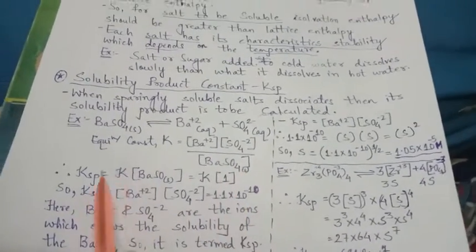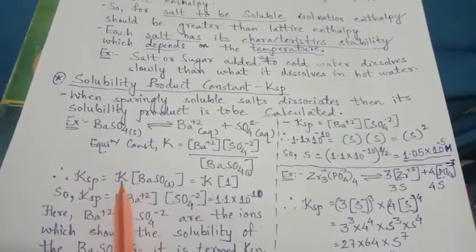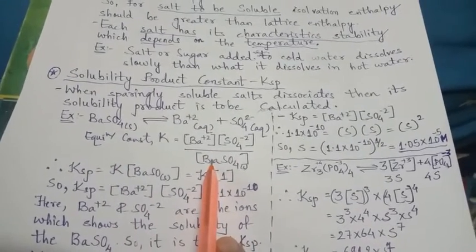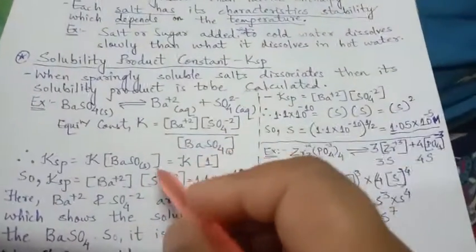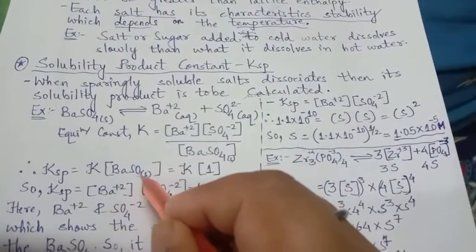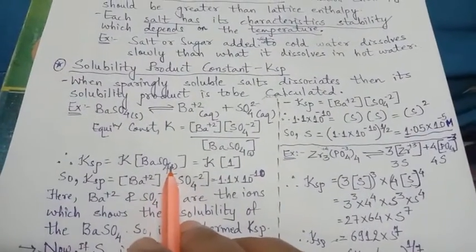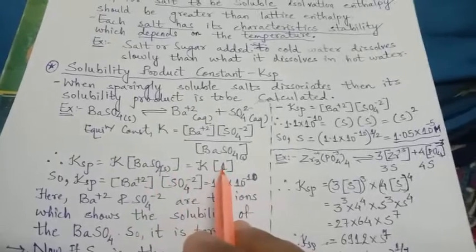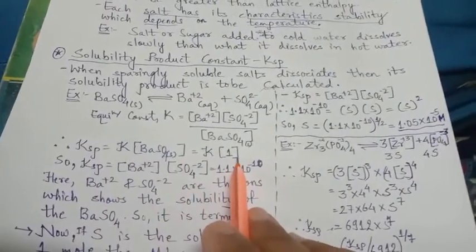So we can give the solubility product constant as the equilibrium constant K into the fixed concentration of the solid BaSO4. Sorry, I forgot to write the 4. Taking the concentration of solid BaSO4 as constant and fixed, it is 1. So Ksp is equal to K into 1.